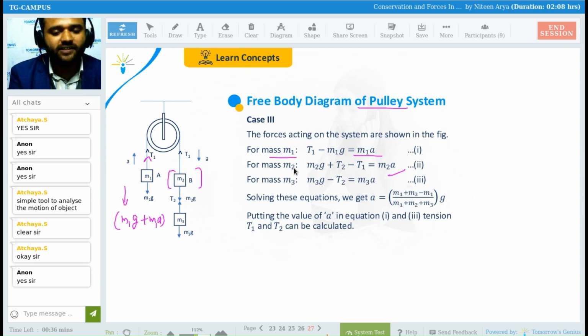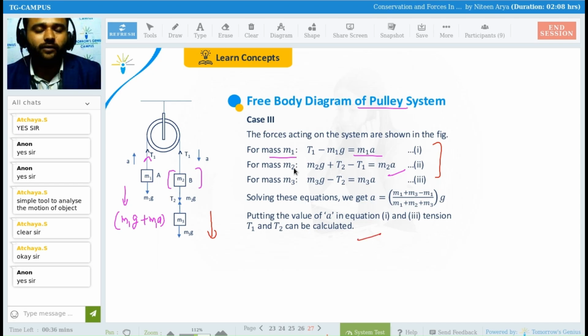For mass M3, M3g minus tension 2, because tension is applying in the upward direction and M3g is applying in the downward direction, and because of these heavy two masses, the net force on M3 is in the downward direction. Solving equations first, second and third, you can get a equals (M1 plus M3 minus M2) divided by (M1 plus M2 plus M3) into g. Putting the value of a in equations 1 and 3, the tensions T1, T2 can be calculated. In any particular equation, when you put the value of acceleration a, you can get T1 or T2. Clear?